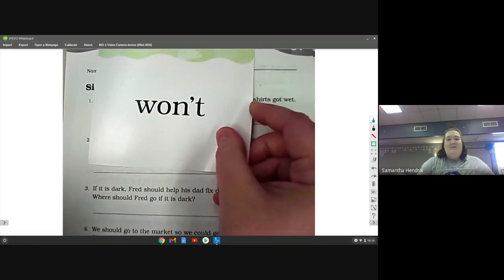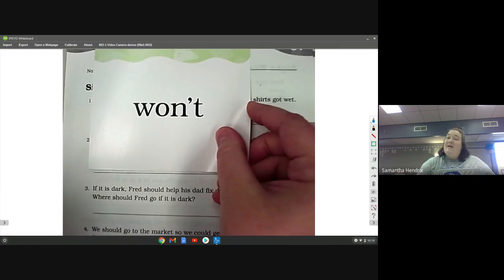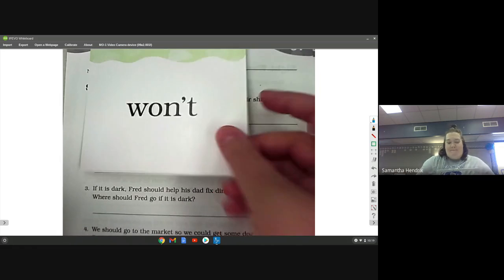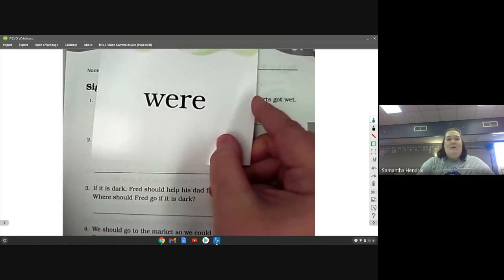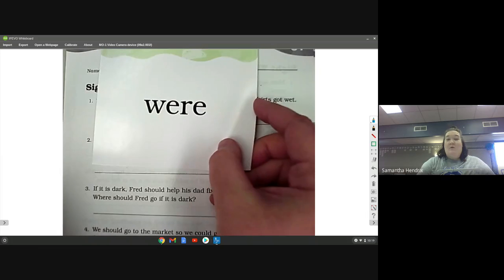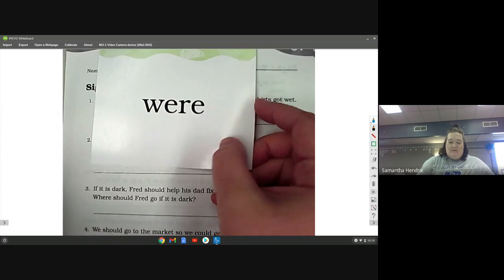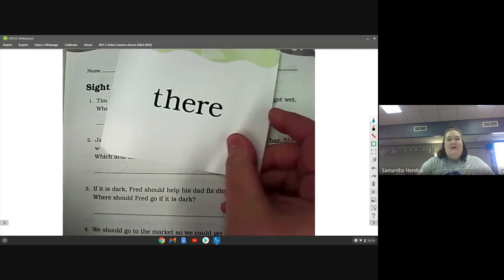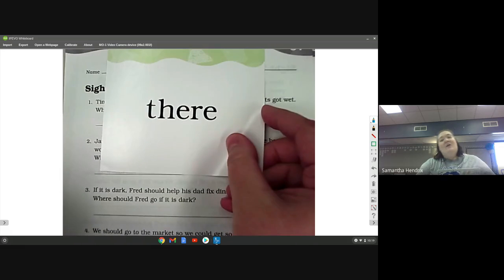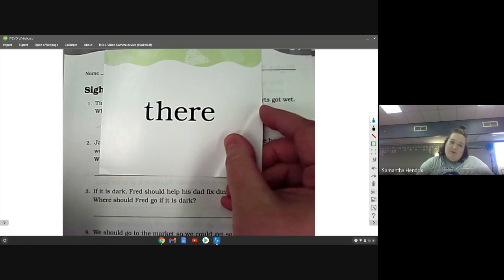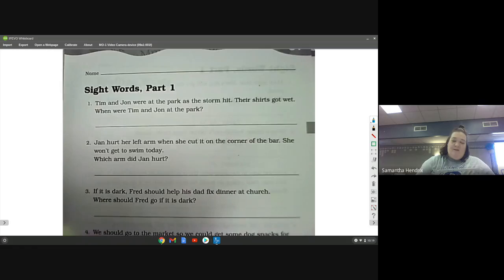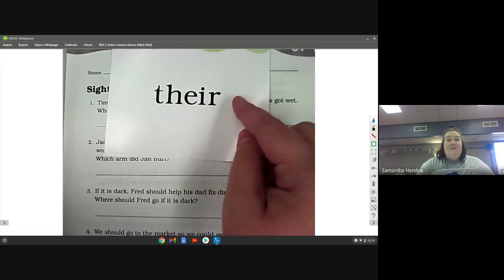Won't. It won't rain today. Were you at school today? There. Over there is my computer. Their computer is in her car.